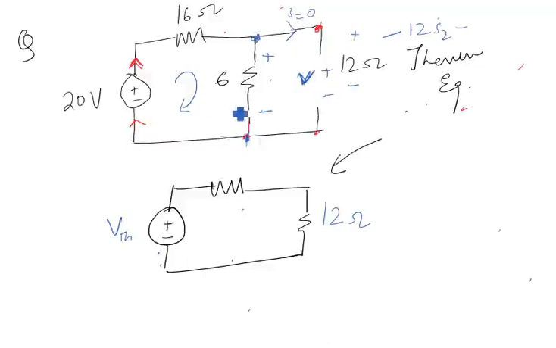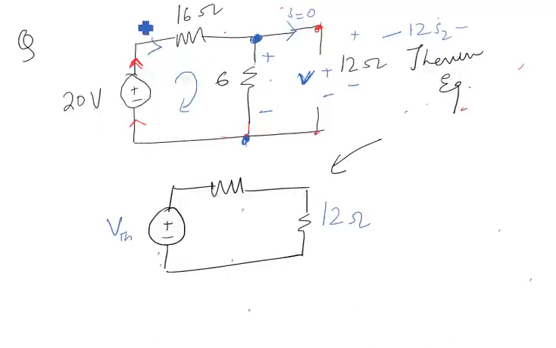So let us calculate the voltage. In parallel, voltage is the same. In series, current is the same. So what is the total current? The current is going to flow here. So this is the overall resistance, with 20 volt.